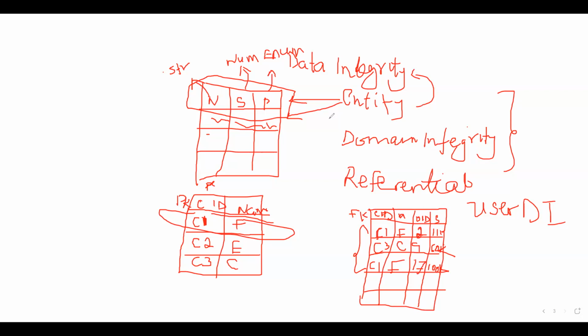Entity integrity ensures that there is no duplicate data. Domain integrity ensures that things like data types and data formats are being upheld. Referential integrity means, please do not delete data. Again, I will give you a more professional definition.